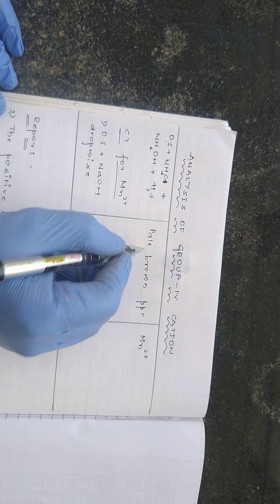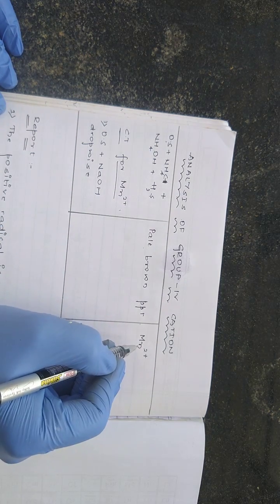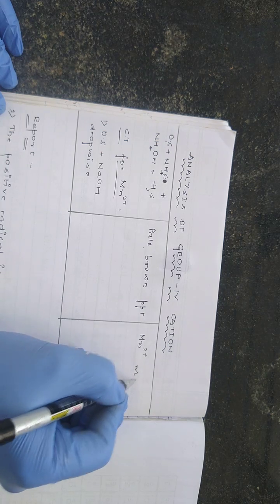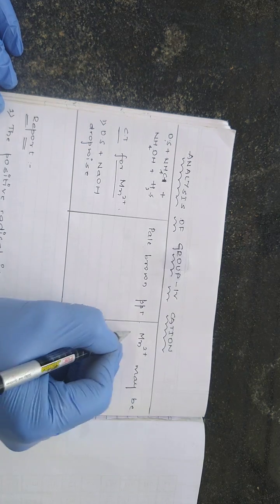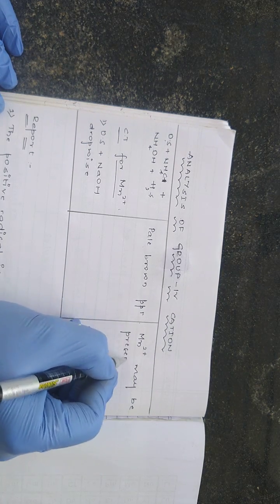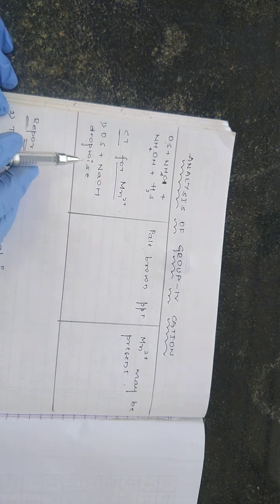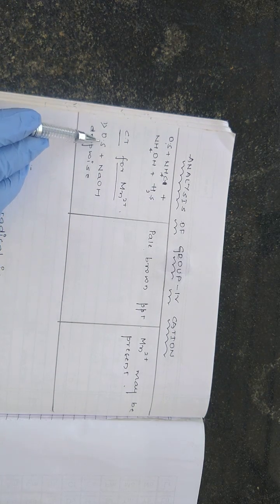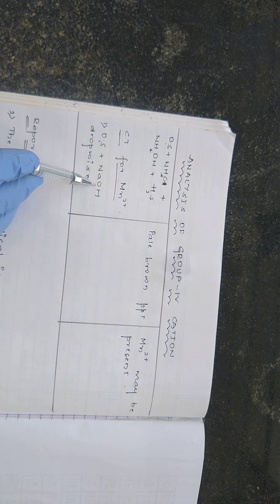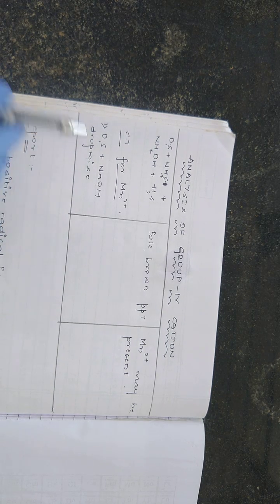Because we are getting pale brown precipitate, Mn2+ may be present. Then we will go for the confirmatory test for Mn2+, and how to perform it is, in a test tube we are going to take original solution and add NaOH dropwise.